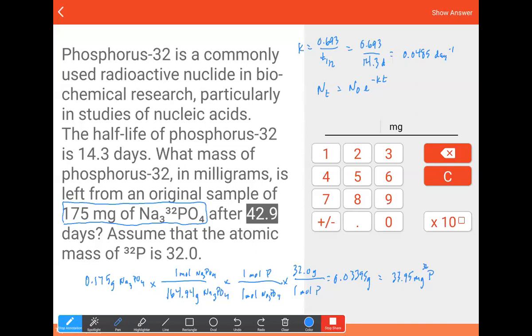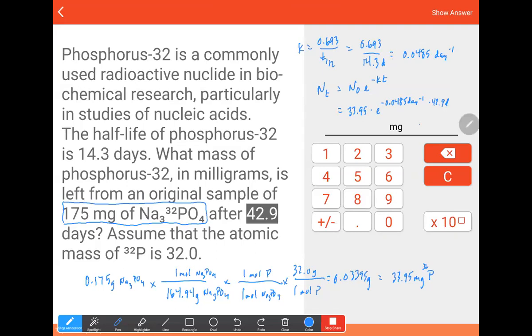So let's solve, and we see our original was 33.95 times e to the negative 0.0485 times 42.9. So negative 0.0485 times 42.9, and we're going to do e to that number.